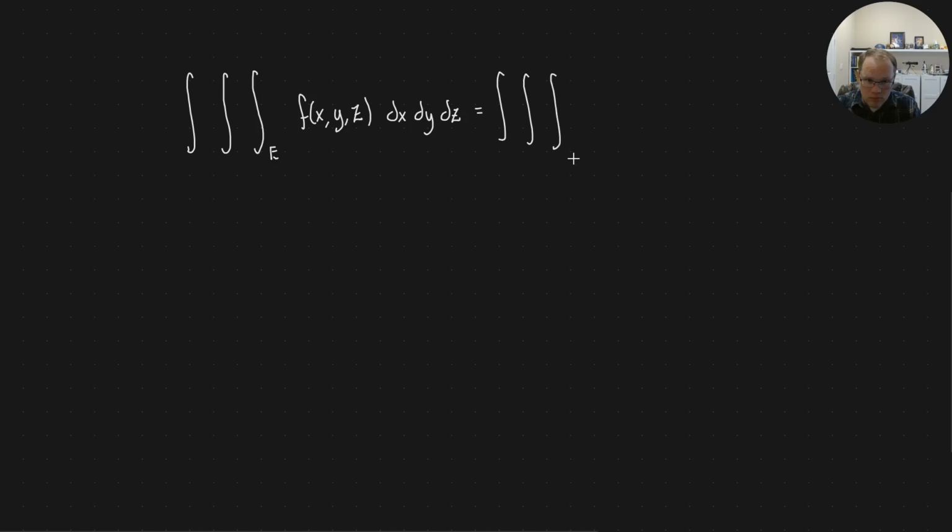So if we're evaluating some triple integral over some region E, and we're integrating some function f of x, y, z with respect to those three variables, if I'm going to change the coordinate system to my spherical variables, rho, theta, phi, okay?